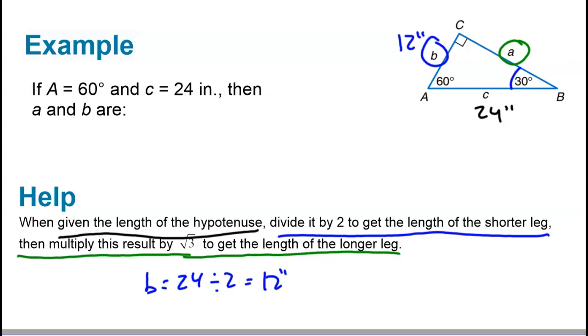So follow the instructions of what it says, and so to be able to get A, we multiply this result, which was 12, times the square root of 3. And remember the square root of 3. Let me go back and we'll just do it right on here so that you can see that it's not magic.